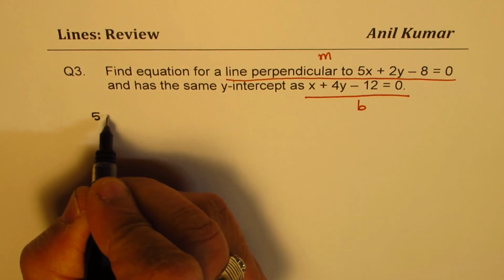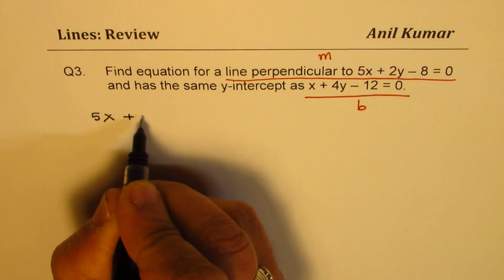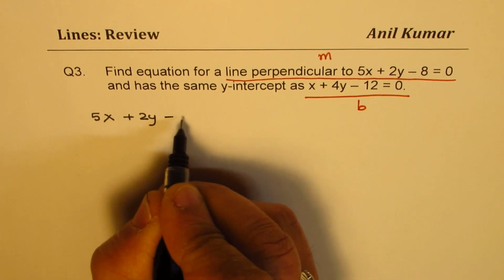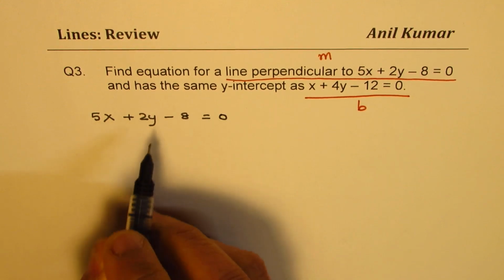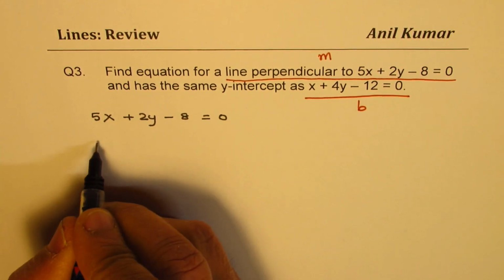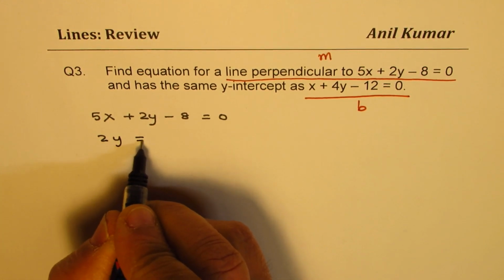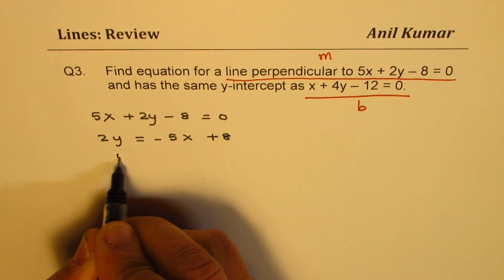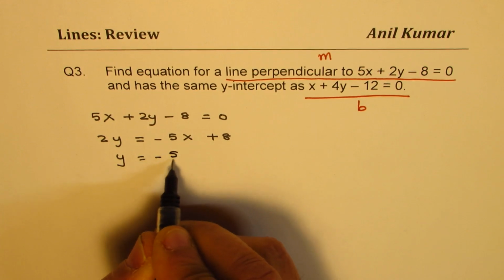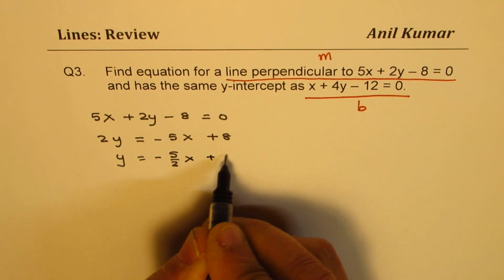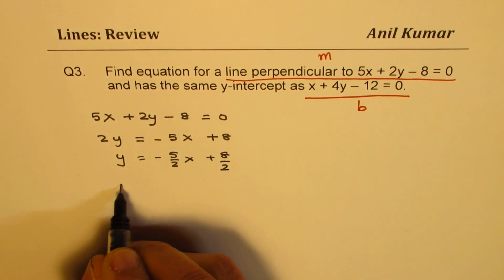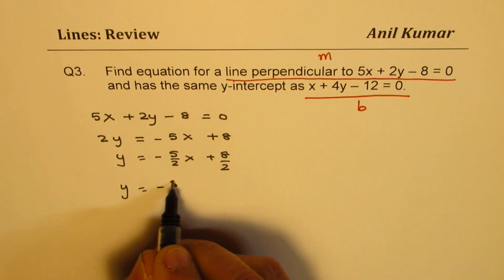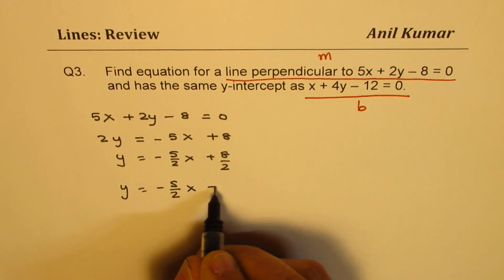So we have the equation 5x plus 2y minus 8 equals 0. To find the slope, we'll rearrange this equation. So we get 2y equals minus 5x plus 8. Dividing by 2, you get minus 5 over 2 x plus 8 over 2. That gives you y equals minus 5 over 2 x plus 4.